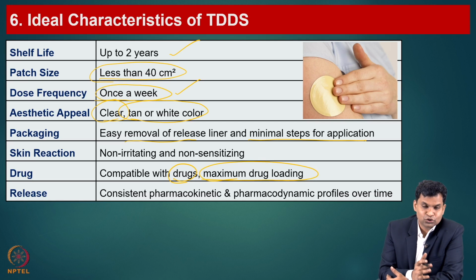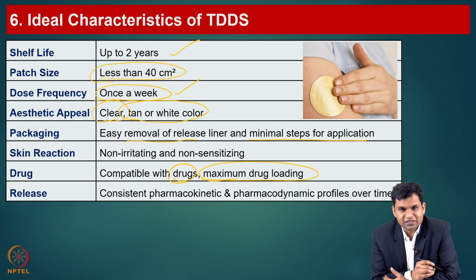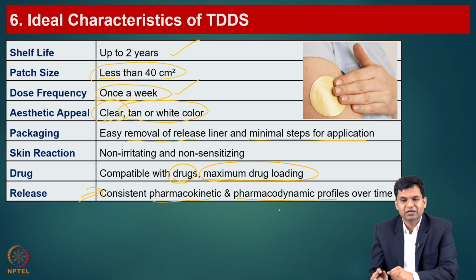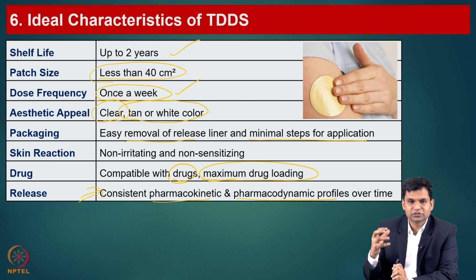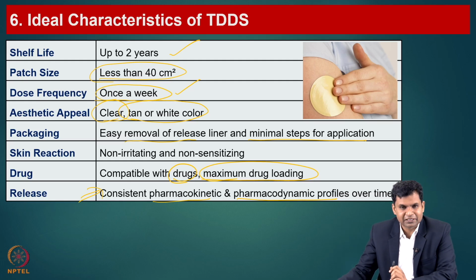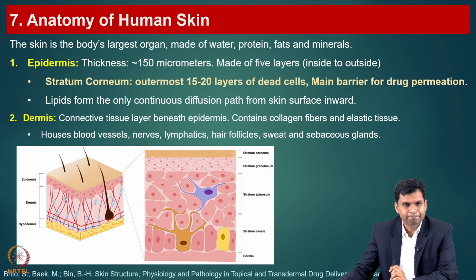Only then will it be called an ideal transdermal drug patch. And the release is very, very important, because it will ultimately affect the pharmacokinetic and pharmacodynamic profile of your formulation. So, that release needs to be controlled and slow, at a predetermined time.